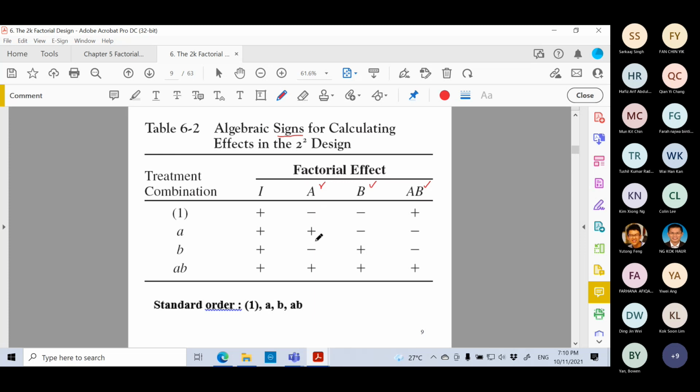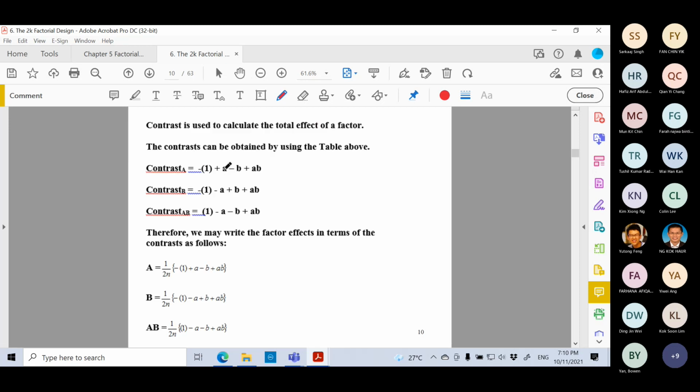From the plus minus signs here, with their treatment combinations, you will know what your contrast is for each one. So the contrast, what I mentioned, is a contrast here. And then from the contrast, you just put inside your A equal to 1 divided by 2n times the contrast.